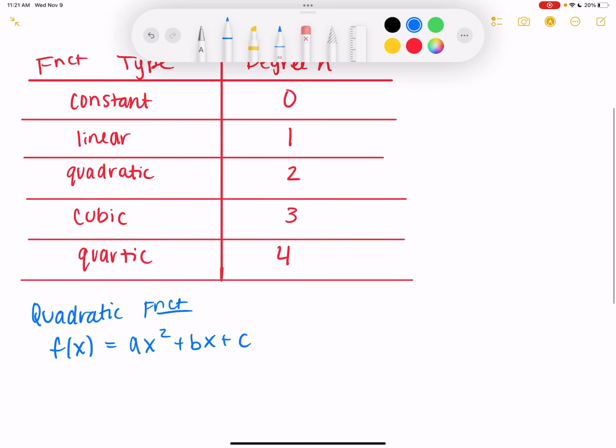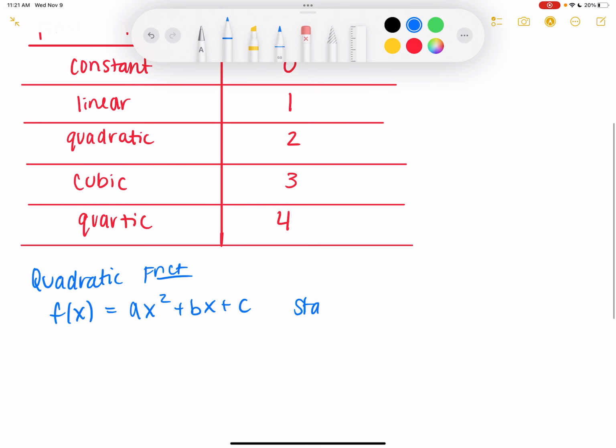So this would be standard form. The next one I'm going to write is vertex form, but it is the same thing, just written differently. f of x equals a times x minus h squared plus k. That's in vertex form.